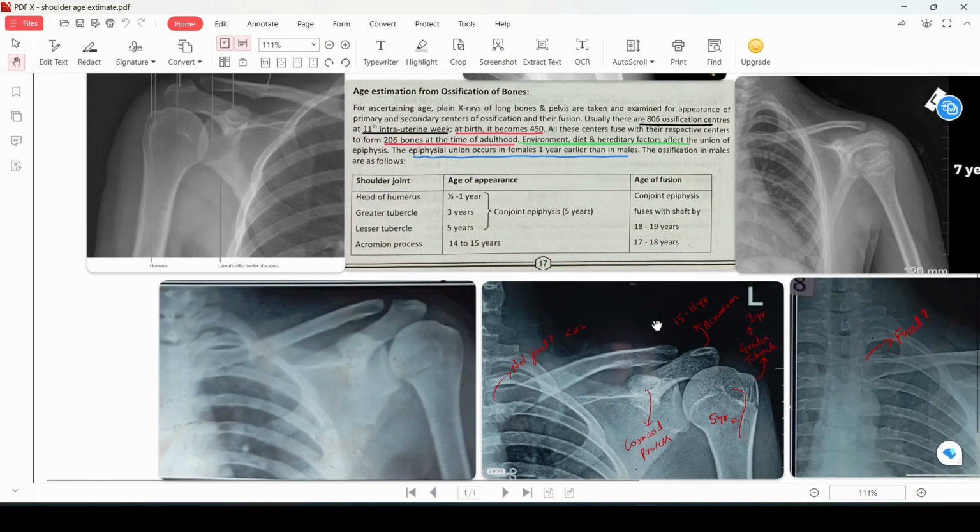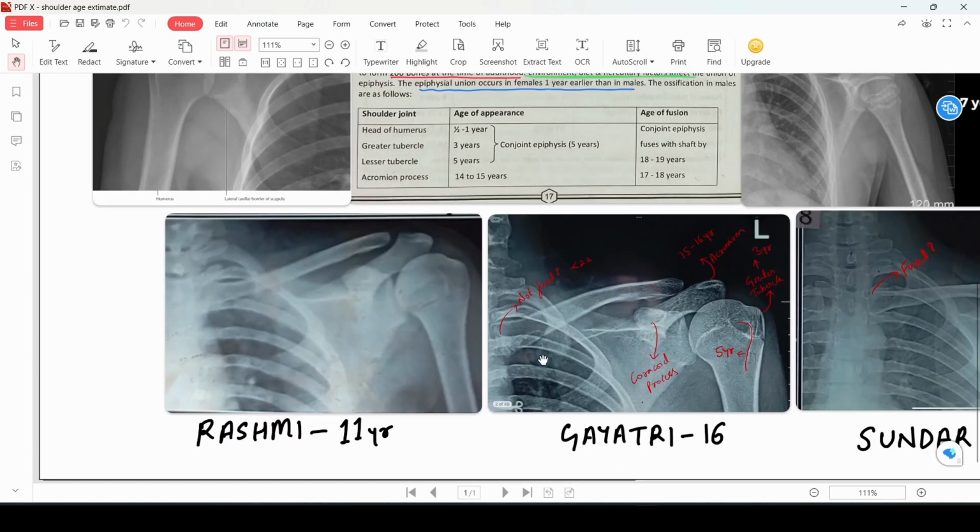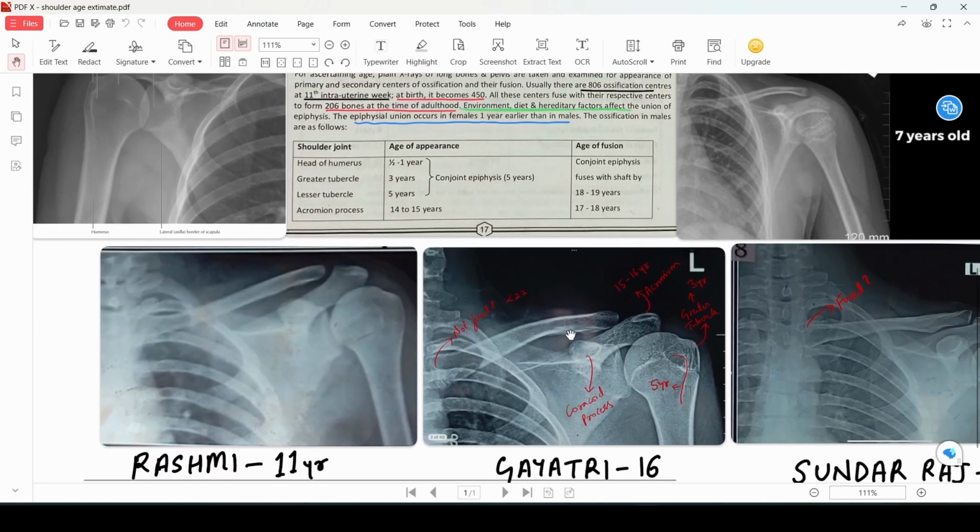But those bones which do not have a major role in weight bearing, like the clavicle or the sternum, ossify till the last. There is no urgency in ossifying these bones, so the body takes its time. It's fine because these are not weight bearing bones, they are just force transmission bones. But all the long bones, the limb bones, the leg bones, the hand bones, are weight bearing bones, so they try to ossify first.